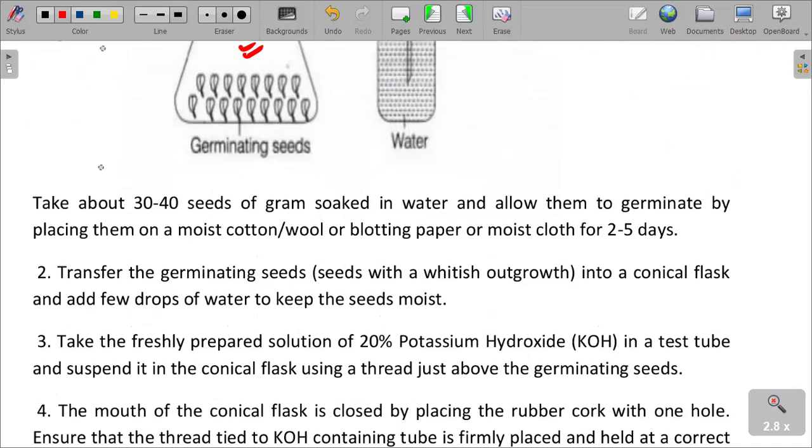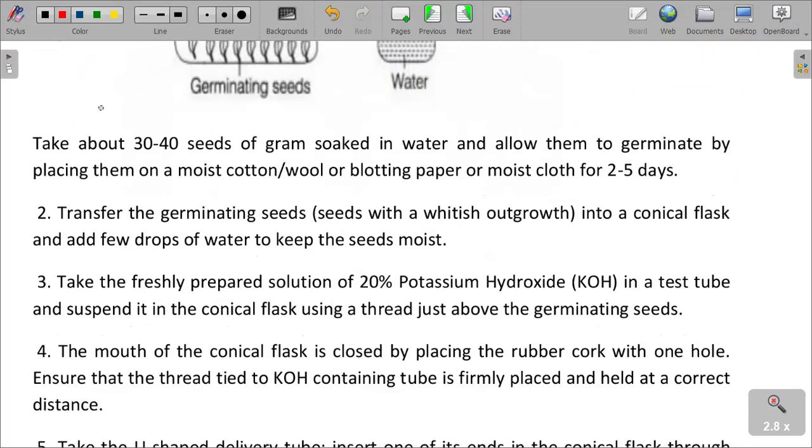And then we have the germinating seeds. Take 30 to 40 seeds of gram, soak them in water, and allow them to germinate by placing them in moist cotton wool, blotting paper, or a moist cloth for 2 days. So germination must be allowed.